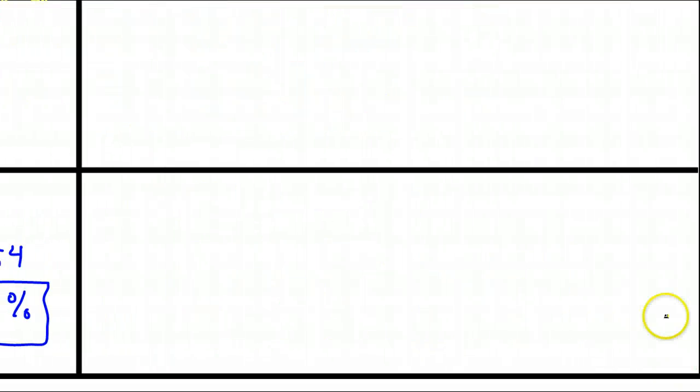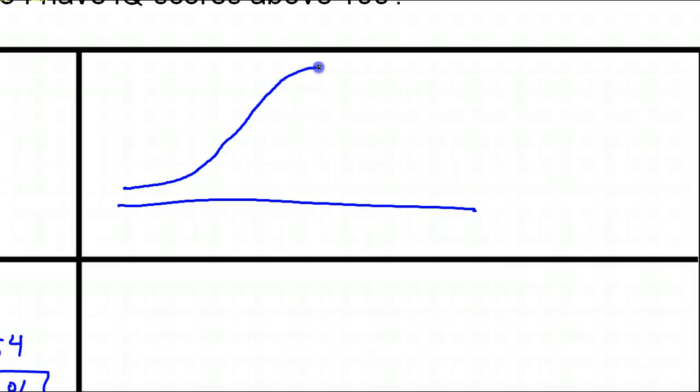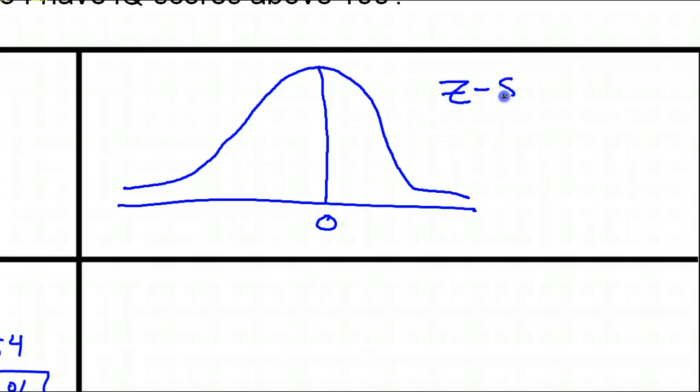Now, don't forget to make your z-score graph, your z-score picture. Same thing, using z-scores. The z-score graph will always have 0 in the middle. You must write the word z-scores over here.